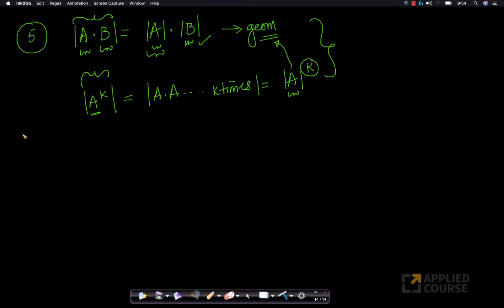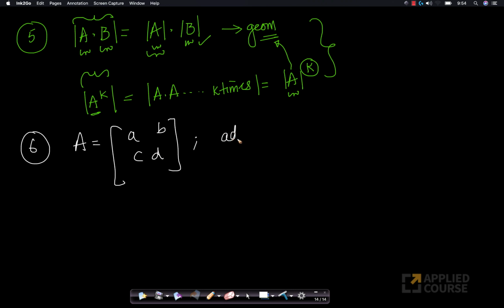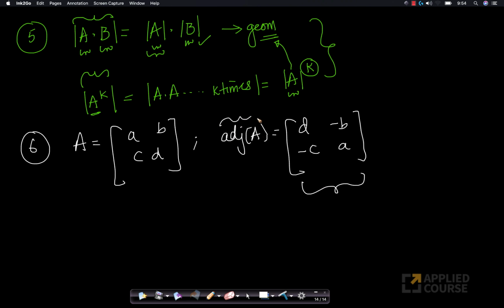I wanted to show you something else here just to get a numerical sense. If my matrix A is, let's say, a, b, c, d, imagine any numbers. This is a simple thing to remember if you want to compute adjoint of A fast. The adjoint of A has d here, minus b, minus c, and a. So sometimes you might have to compute the adjoint of a matrix.